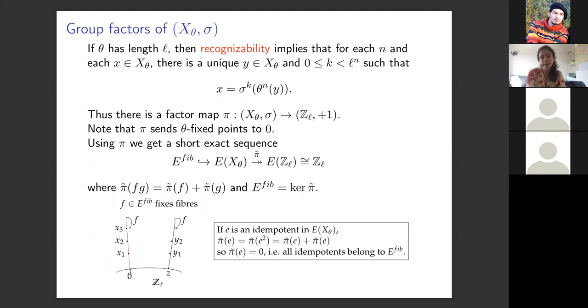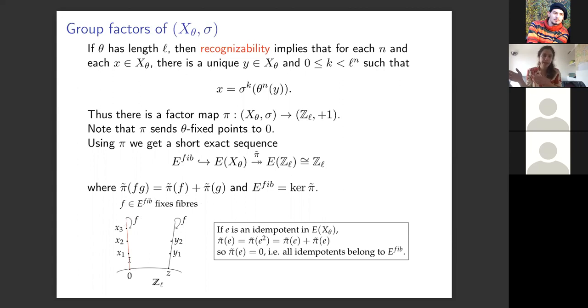Okay, so for example, here is 0. I told you that the fixed points belong to the fiber above 0. Okay, and E-fib, which is the fibered semigroup, basically functions in E-fib can shuffle points or project points in fibers, but they cannot move points from one fiber to another.